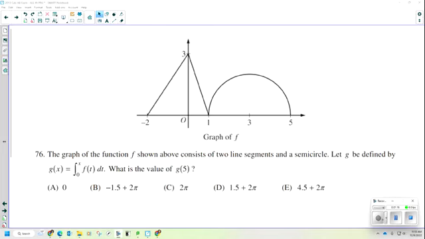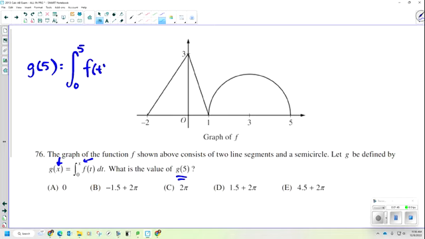First off, if you've seen any of the videos I've put up, you know how much I love graphs and tables and charts. Well, let's start with this graph right here. What are they really asking us for? We need g of 5, which means I'm putting a 5 in for this x, so the upper bound also needs to be a 5.